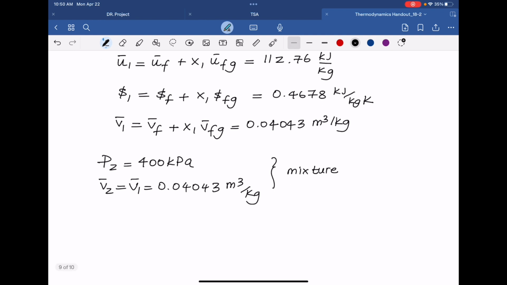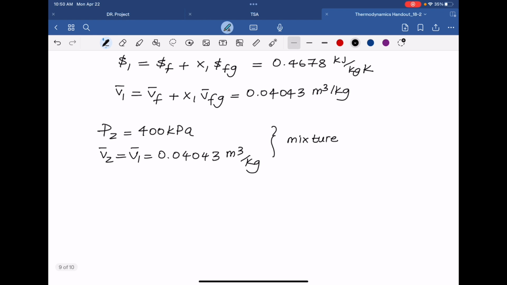We again find the quality first using specific volumes at that pressure, this time 400 kilopascal. You read these from the tables and the answer is this.